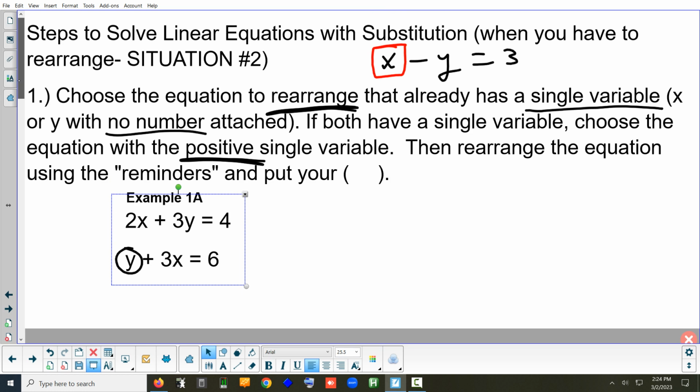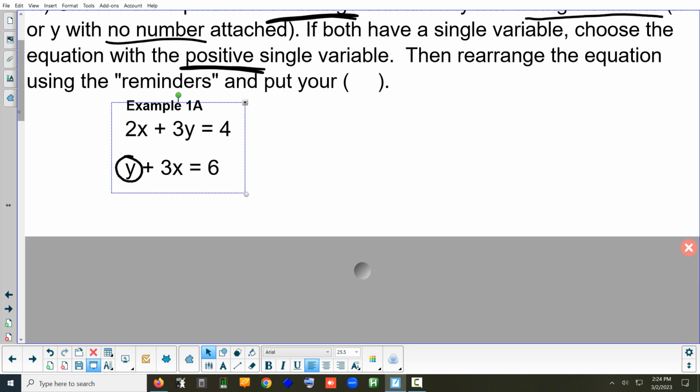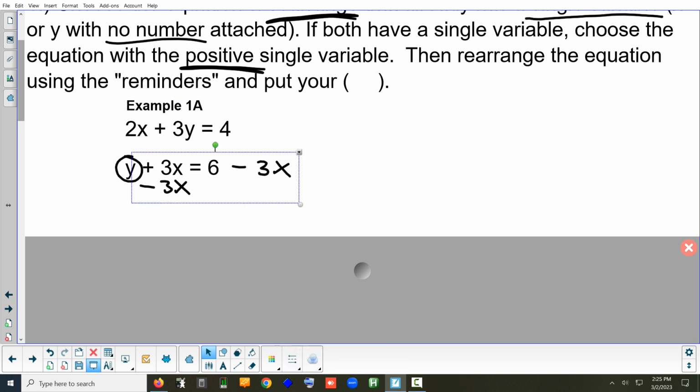So when we practice that up above on your guided notes, how would I move a positive 3x to the other side? We're going to subtract 3x. And Dorian, what's 3x minus 3x? It just cancels out. That's gone.